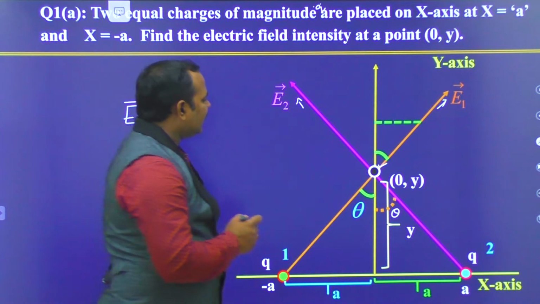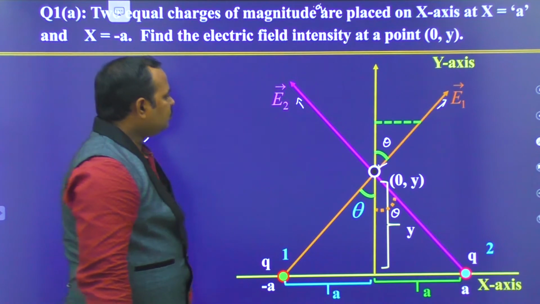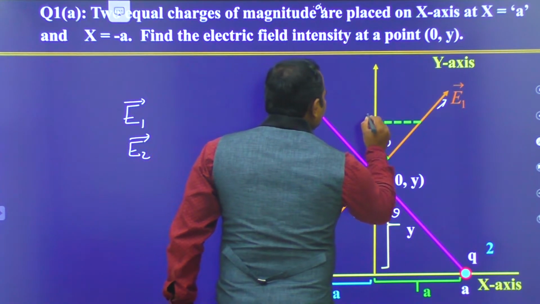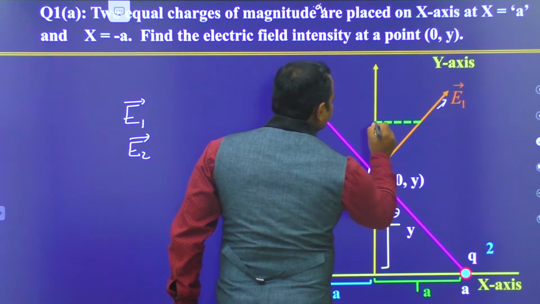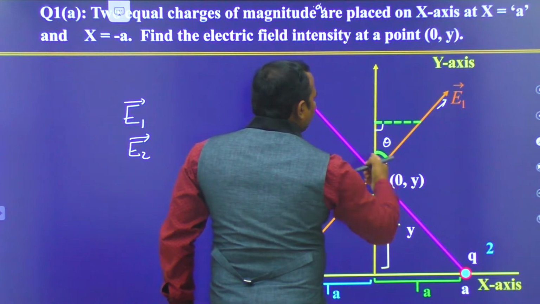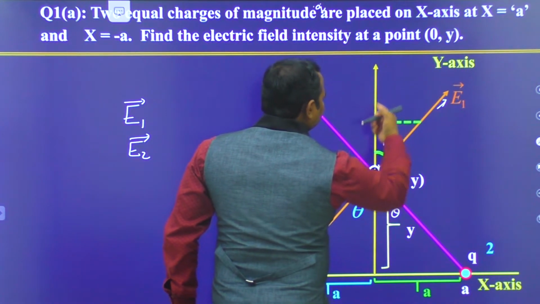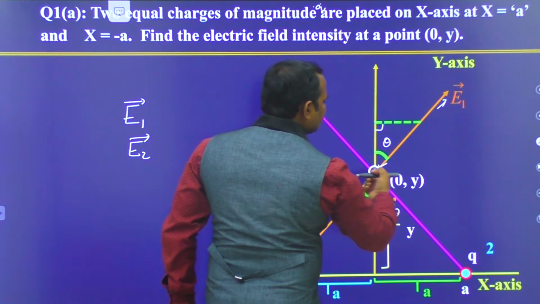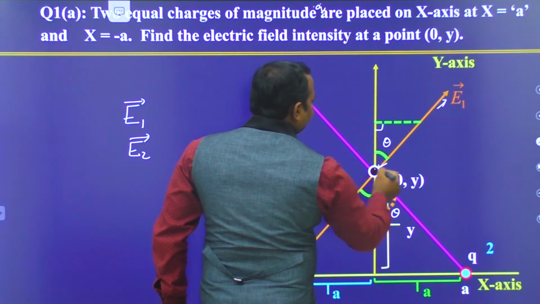If this is theta, then here also it will be theta. And this is a right angle triangle, from here to here to here. If you want to resolve this E1 into y direction and x direction, this is the right angle triangle.